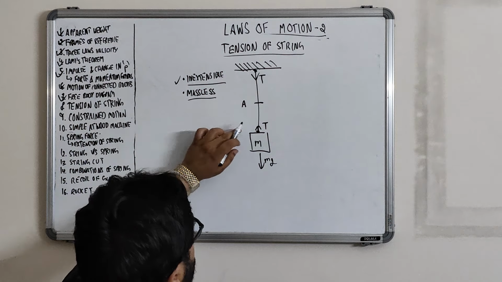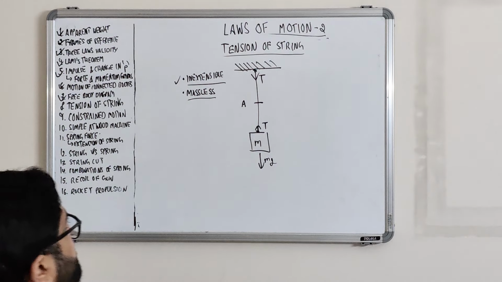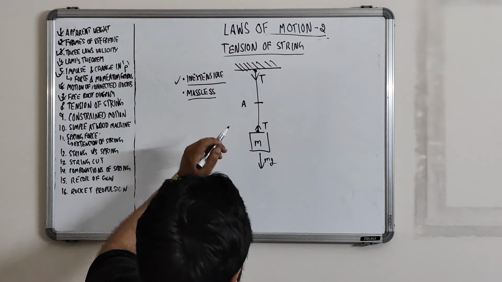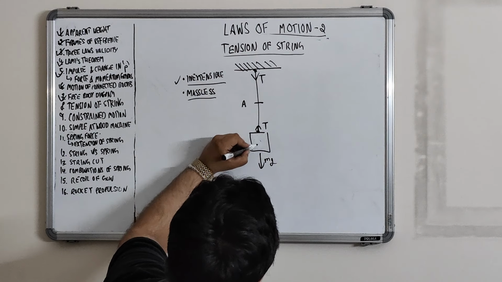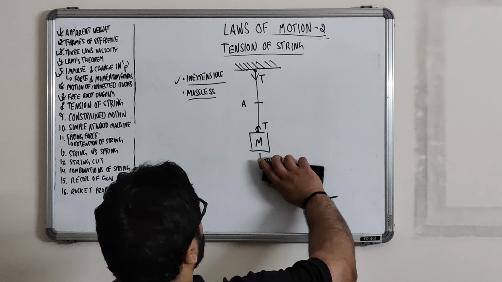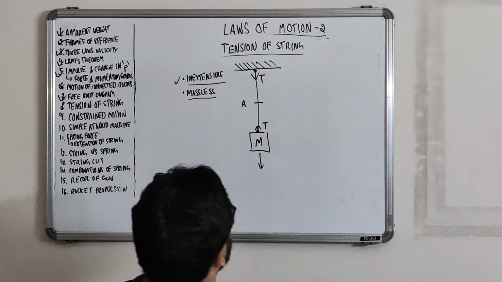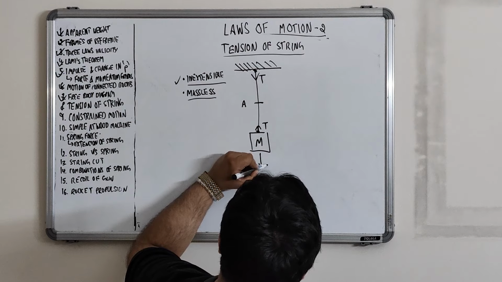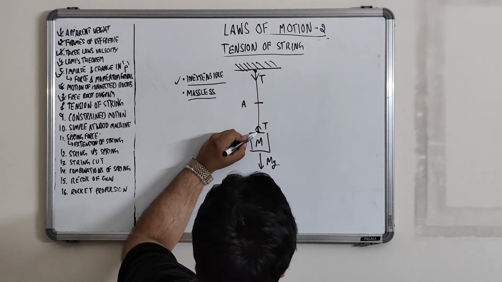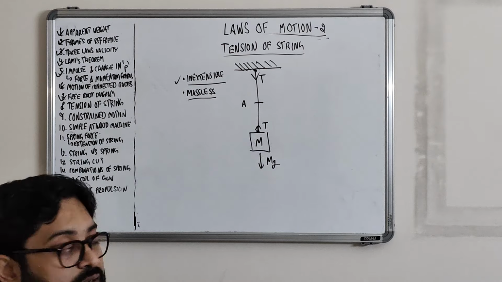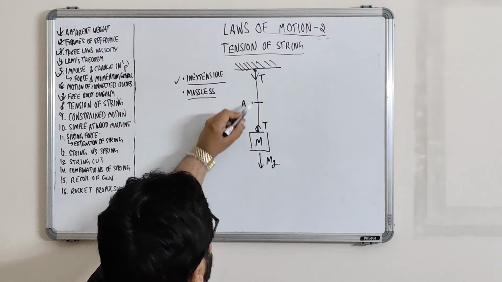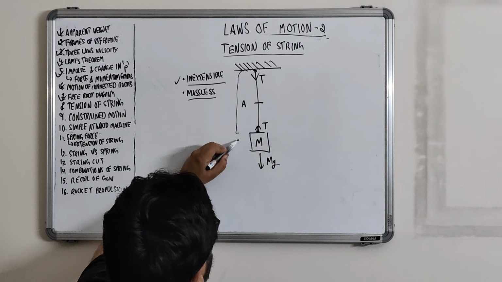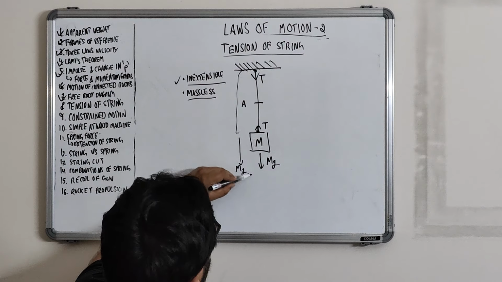Now, as we are assuming that this is not massless, let us say that this block is of mass M. This block is of mass M, and at the end of the string, the whole string is experiencing a weight Mg, right?